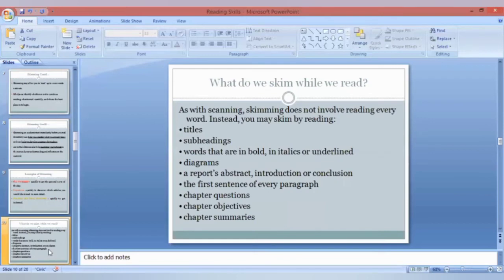Now, what do we skim while we read? As with scanning, which is the second mode of reading, skimming does not involve reading each and every word.